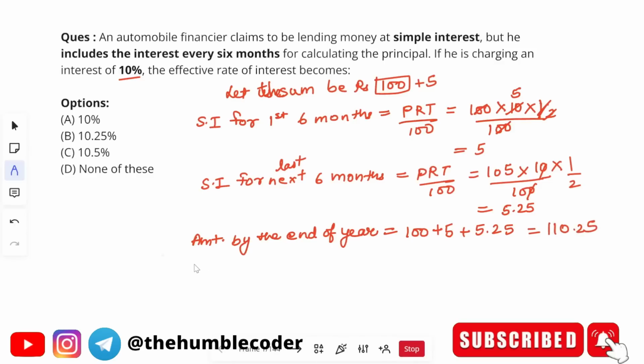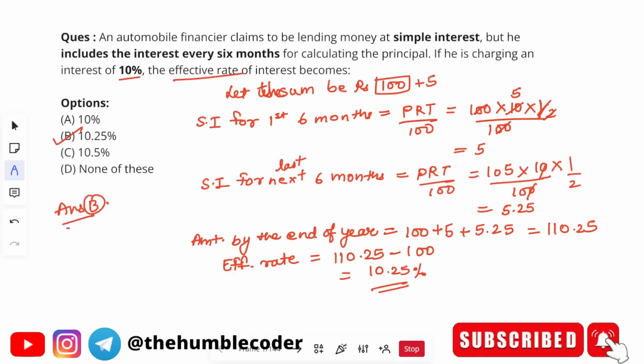Now what we were asked is to calculate the effective rate. The effective rate is nothing but the final amount that we have got minus the initial value that we took, which is 10.25%. So the correct answer is option number B, which is 10.25%.